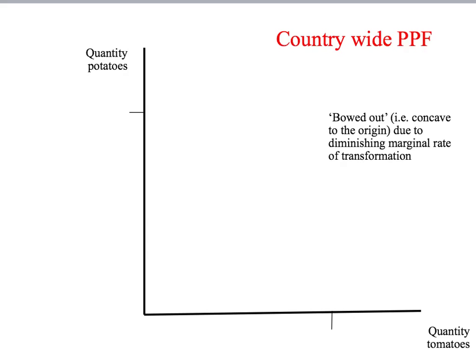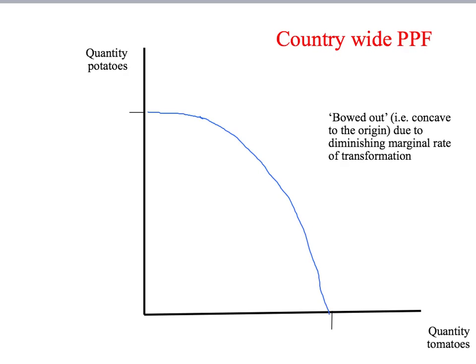When there's very few tomatoes, the production possibilities frontier is relatively flat, reflecting that the opportunity cost of producing tomatoes is relatively low. As more and more tomatoes are produced, the curve becomes steeper and steeper, reflecting that the opportunity cost of another kilo of tomatoes in terms of potatoes foregone gets higher and higher.